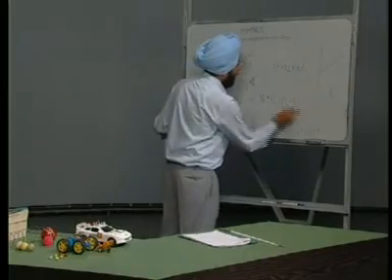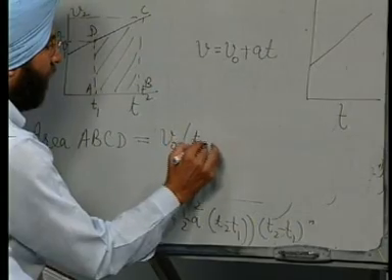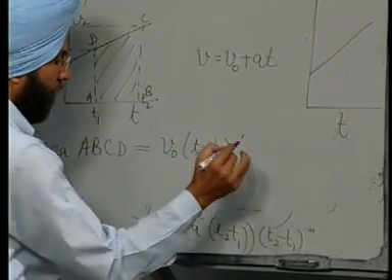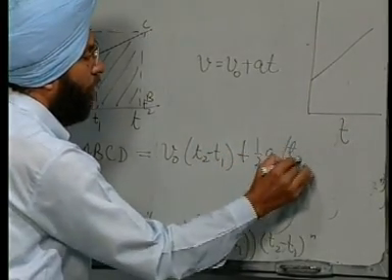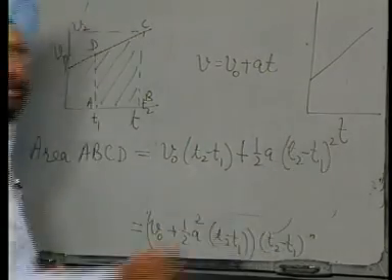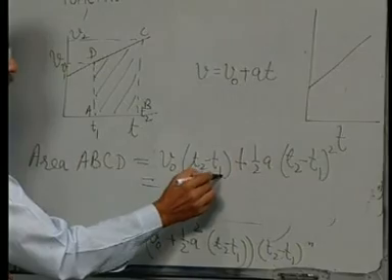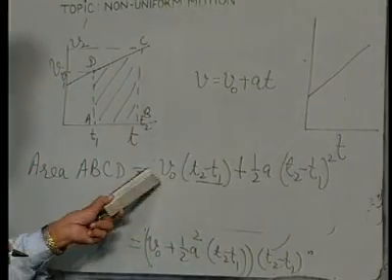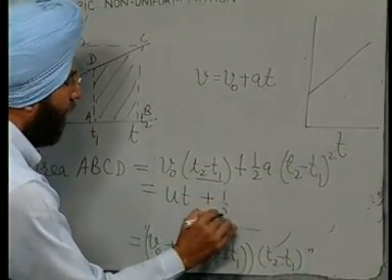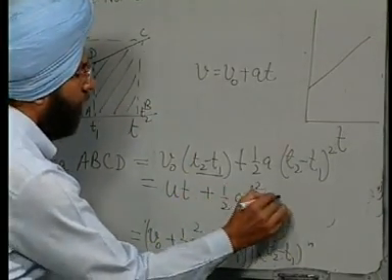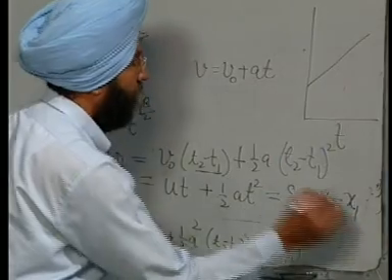This we can write as V naught (T2 minus T1) plus half A (T2 minus T1) whole square. If we take T2 minus T1 as T and V naught as U, we can write this as U T plus half A T square. This is equal to S or x2 minus x1.